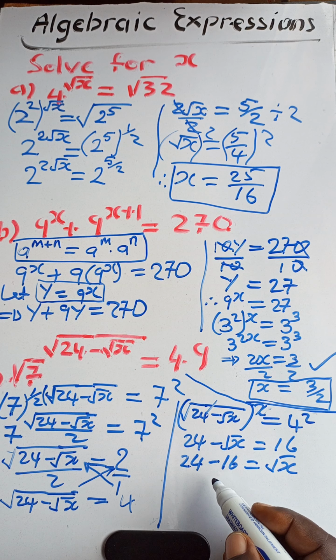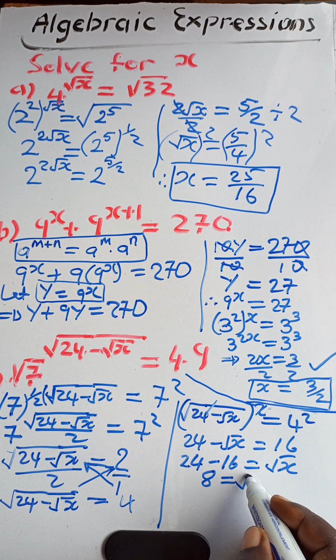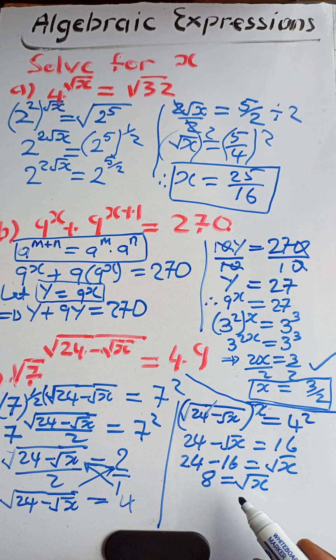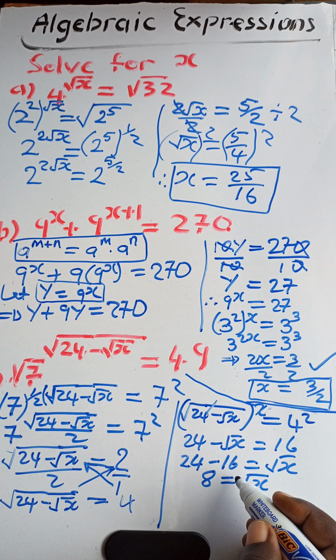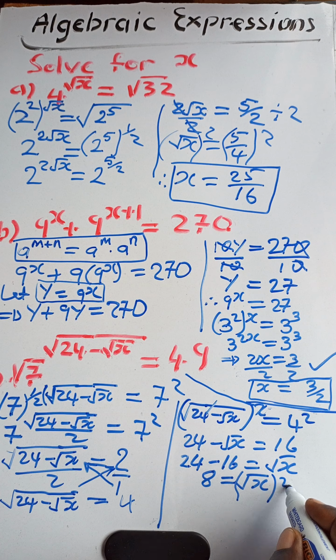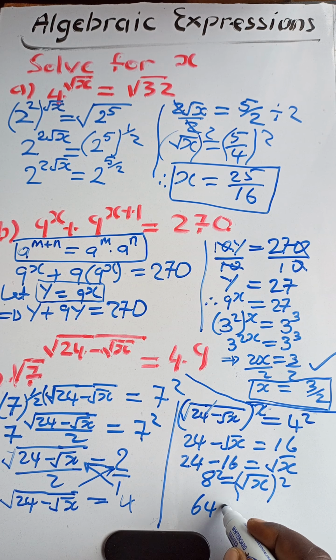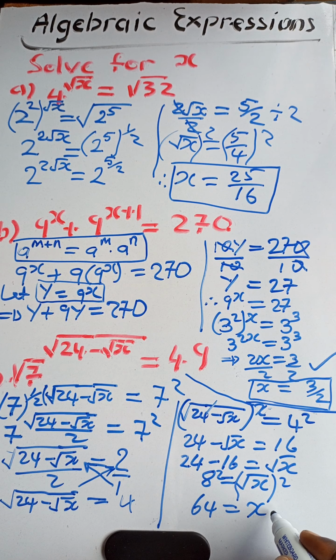So 24 minus 16 gives us 8 is equal to root x. Now the last thing to do, we have to remove the square root sign. The opposite operation of square root is square. And so if we square both sides, we're going to obtain x equal to 64.